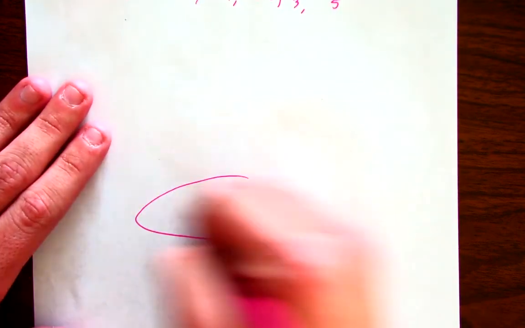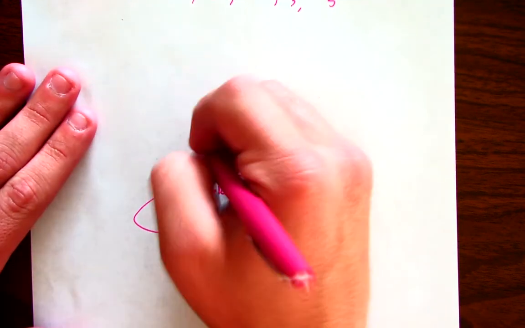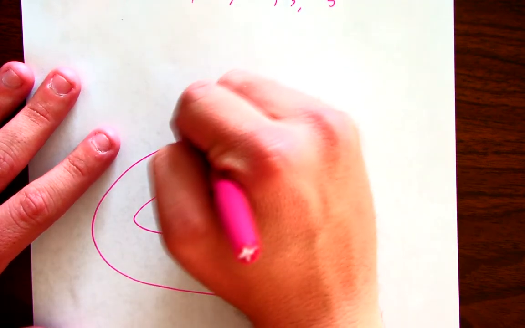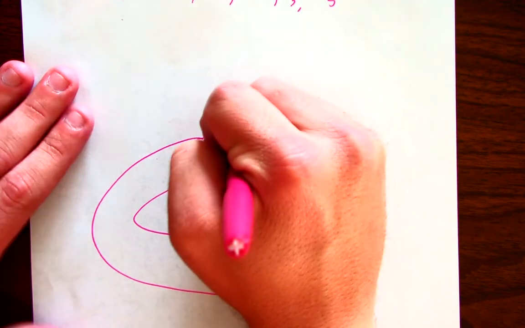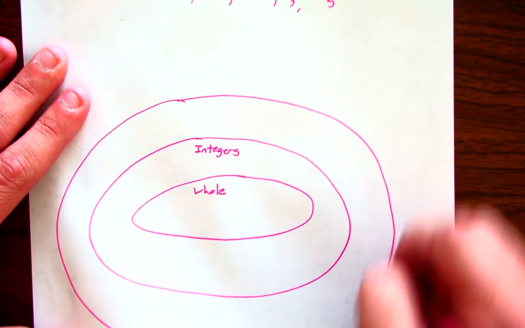Now let's do a few examples here. I'm going to draw my nice little circle here. So we have whole numbers. We have integers. And we have rational numbers.